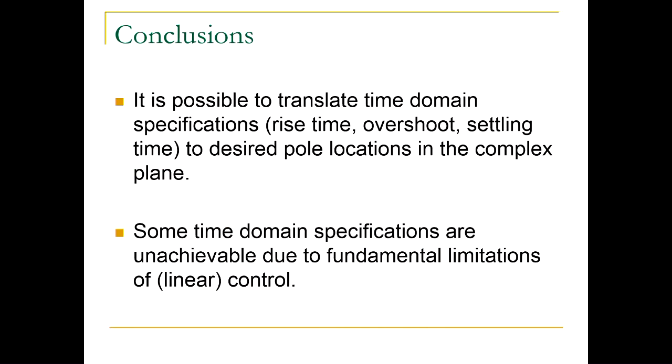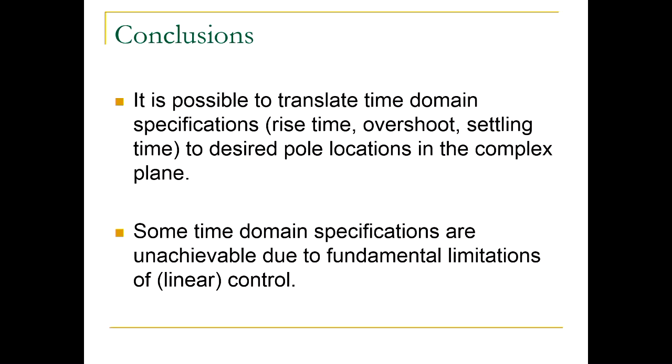Okay, so the first part of this lecture was all about translating desired features of step response to desired locations of poles of the closed loop transfer function. So we learned how to do that. That's a very important first step in design.